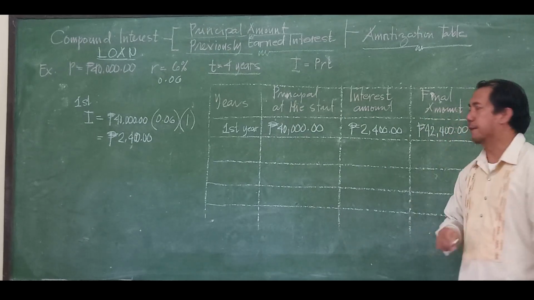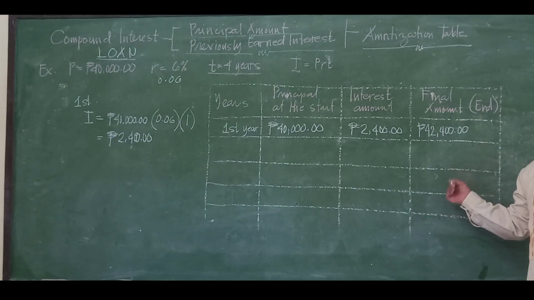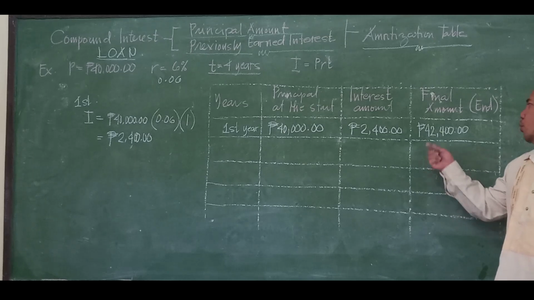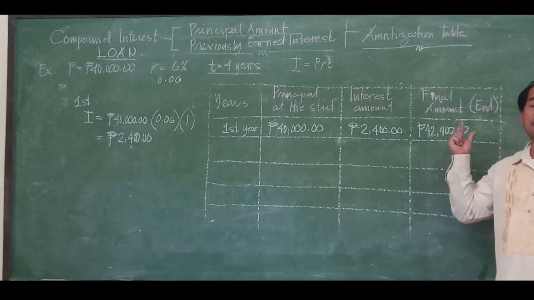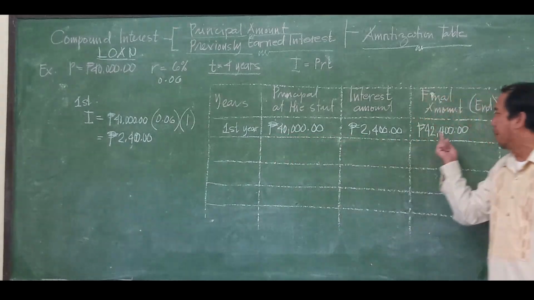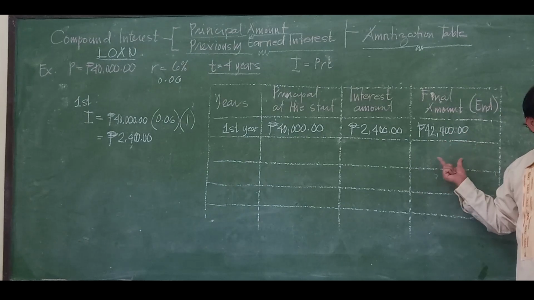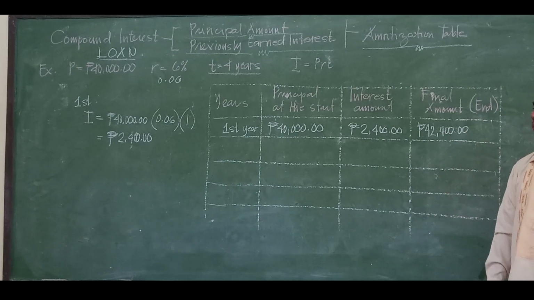And that is how to compute. Notice in here that we have the final amount at the end of the first year. This amount will be paid at the end of the first year. Do you follow?